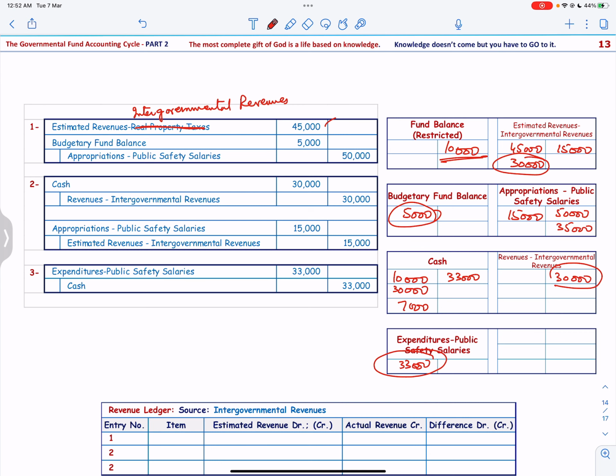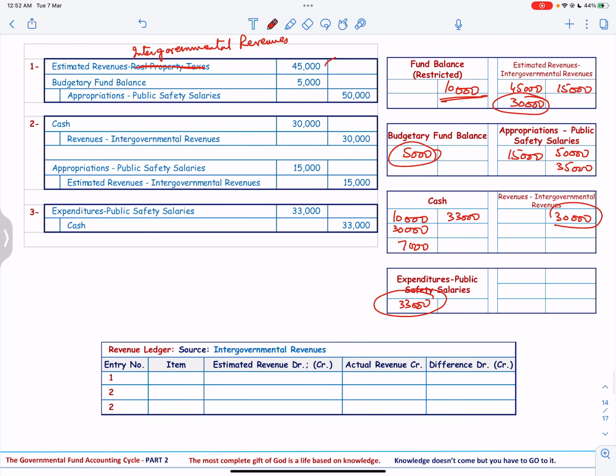Next we are going to prepare the budgetary ledger for intergovernmental revenue. We have the budgeted amount, and the budgeted estimated revenue is 45,000 debit, and then the total is 45,000.